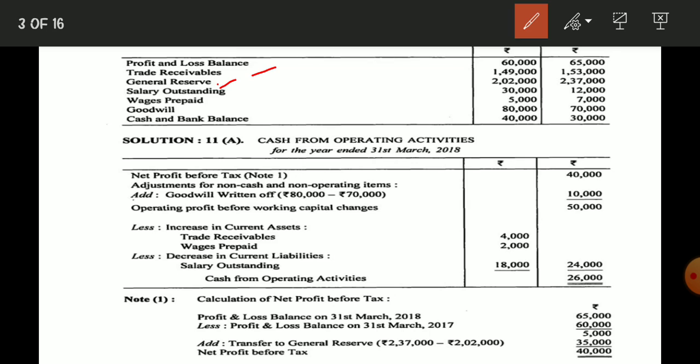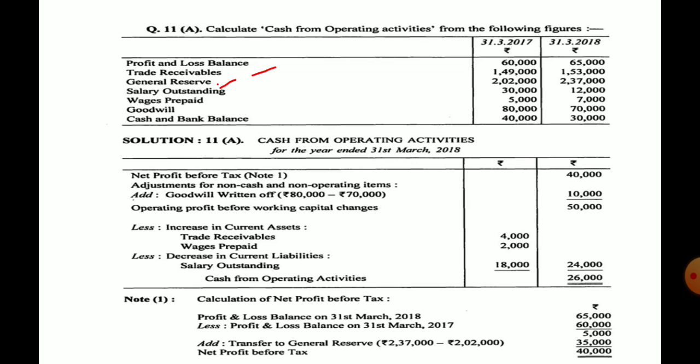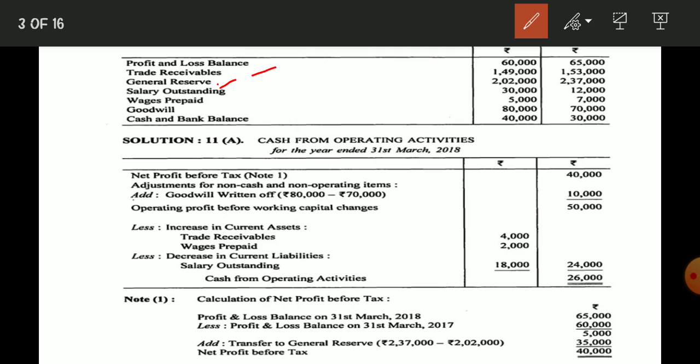In the previous year it is 60,000 and in the current year it is 65,000. So the difference is 5,000.